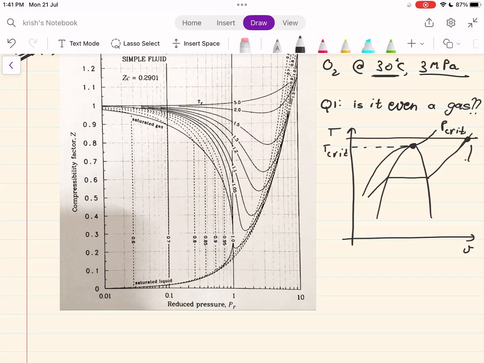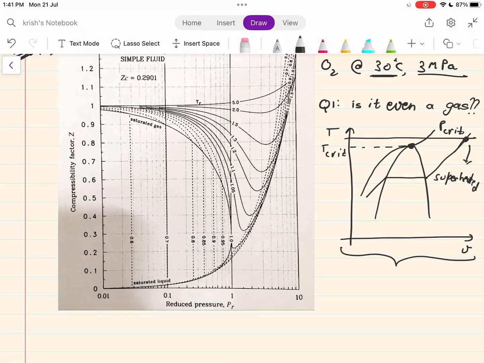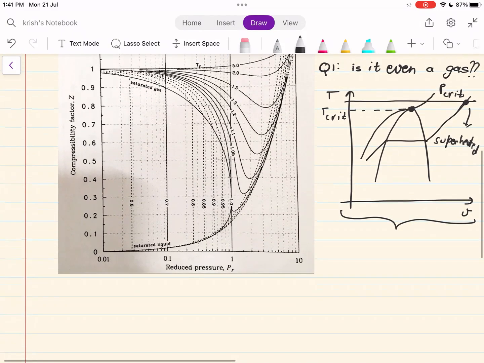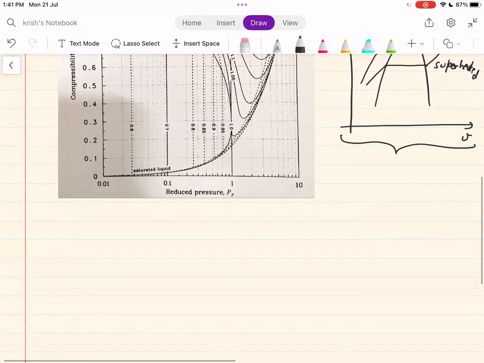So it will be a superheated vapor. I want you to do this process by yourself. If you're not clear, go back and watch the first tutorial where I have explained in detail how to do this. So yes, it is superheated, which means we can consider it as a gas and proceed with the question.